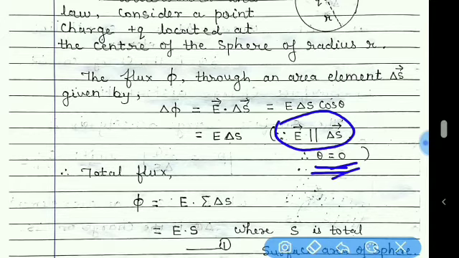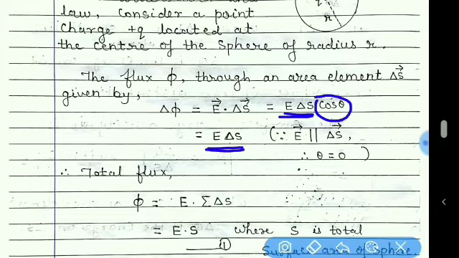And if the angle is 0, then cos 0 is equal to 1, and so what remains is E delta S. So here we obtained the flux linked with that small area is E delta S.